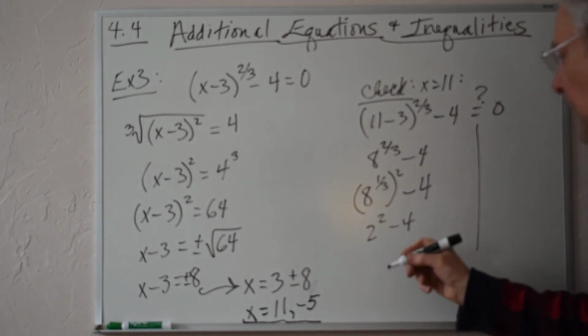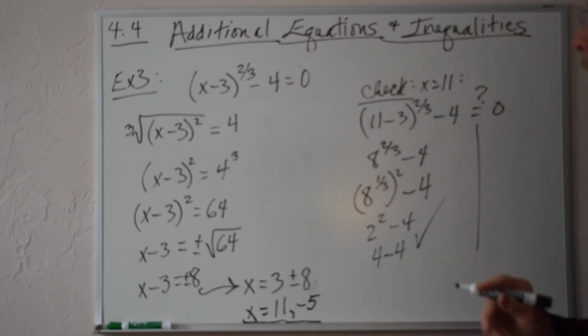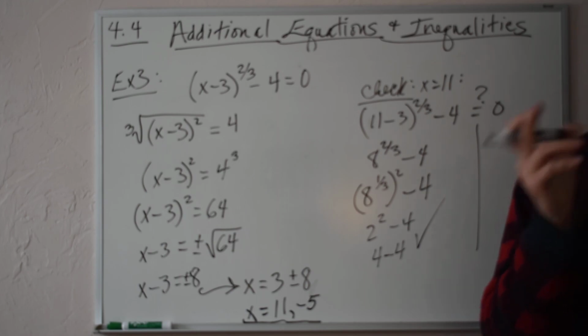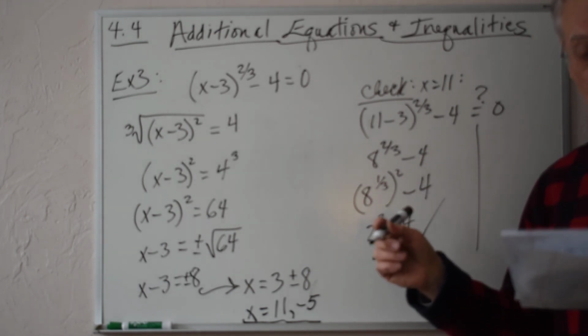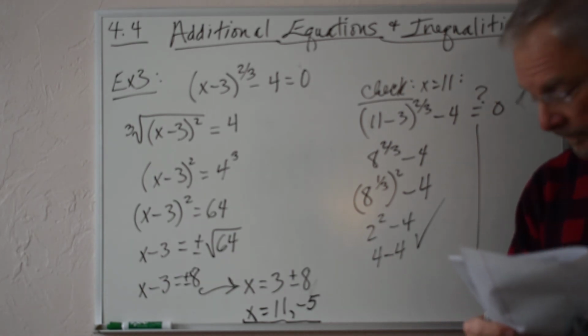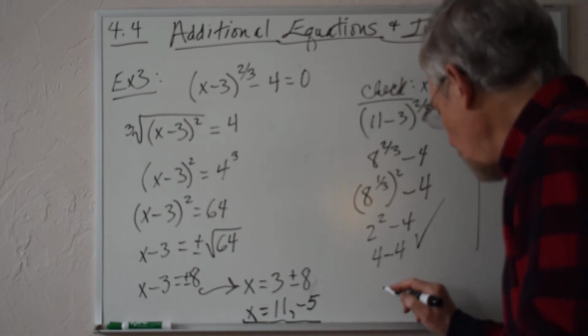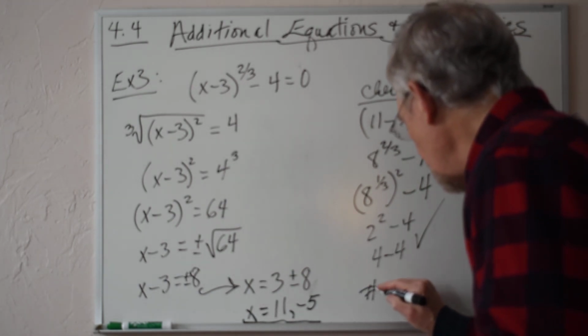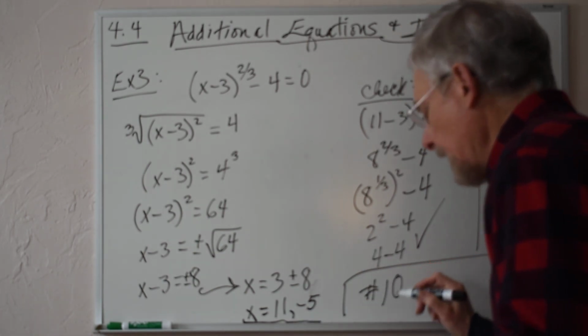So we get to that step, which is 4 minus 4, which is 0. So that one checks out. And in fact, if you plug in x equals negative 5, that's also going to check out. All right, now you do it. On the same page, page 298, go ahead and do number 10.